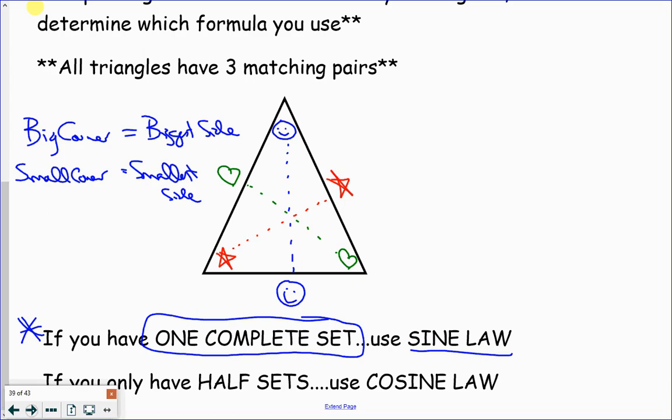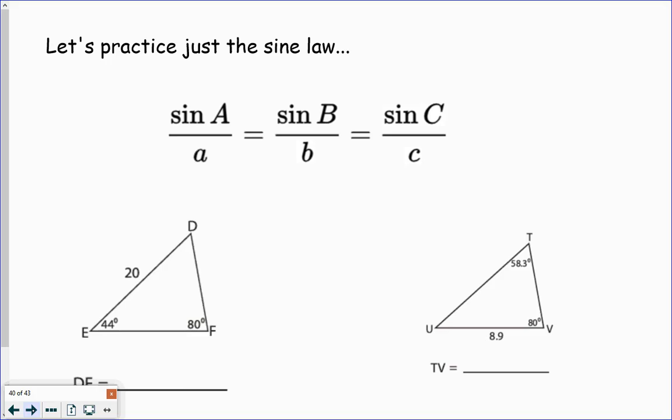Okay, so this is sine law. It looks absolutely dreadful. Now, here's the thing about it. We only use the first two. We never use the third. So what we have here is a proportion.